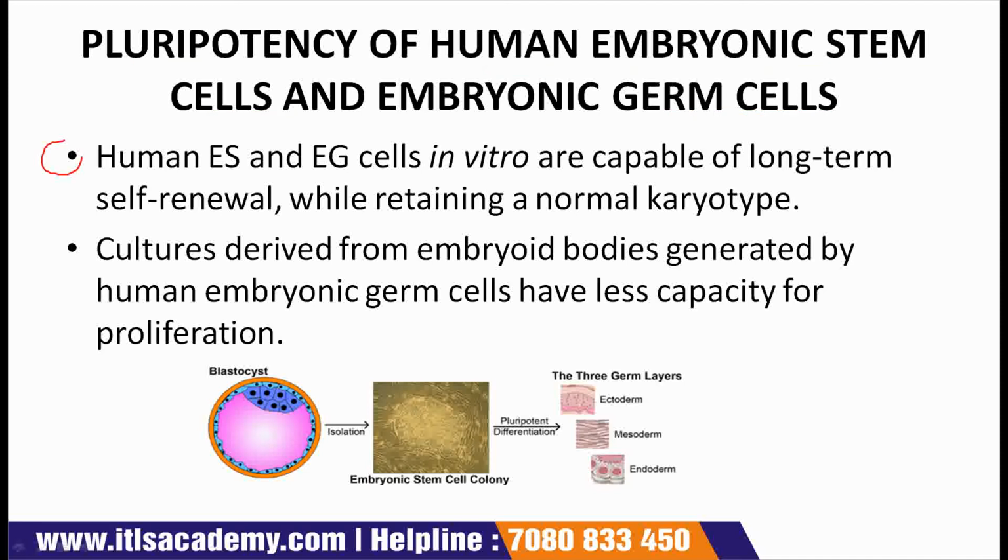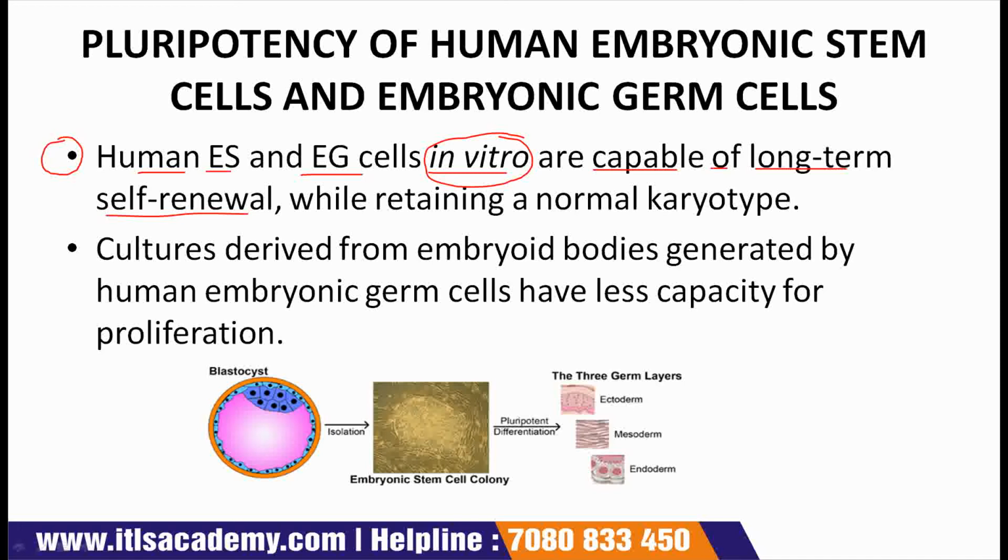Very first point is, human embryonic stem cell and embryonic germ cells in vitro, that is outside the body, are capable of long-term self-renewal. Self-renewal is a property by which any cell can renew itself.